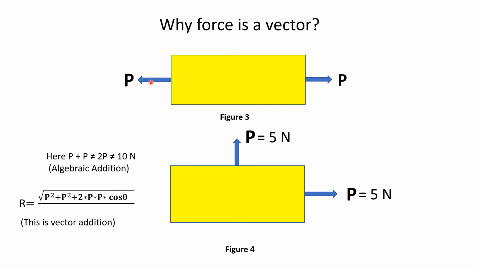And from this 0 up to here it is 2P, and in between it is 0 to 2P. And it goes on varying depending on what is the angle between these two forces. It depends on theta, and this is the formula by which we find the resultant using the law of parallelogram of forces. And that alpha, which I have not written here, gives us the direction of the resultant force.